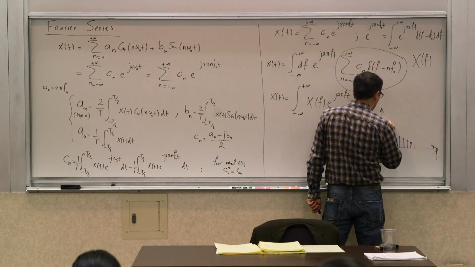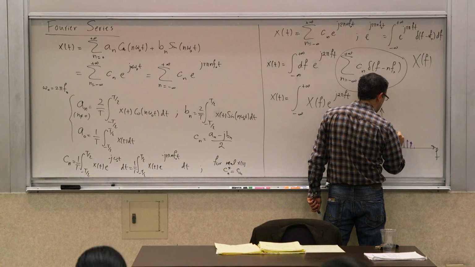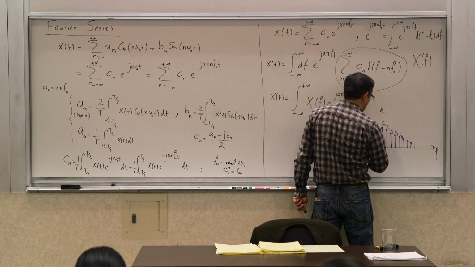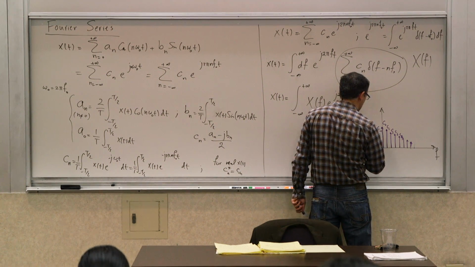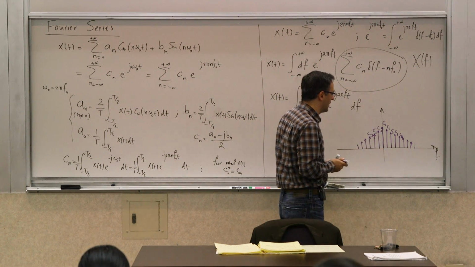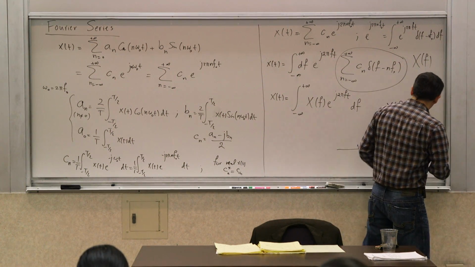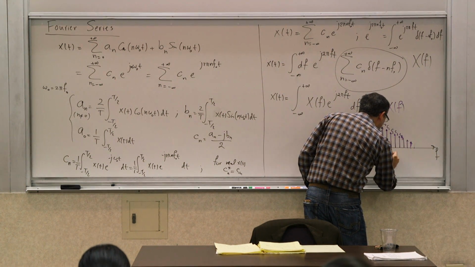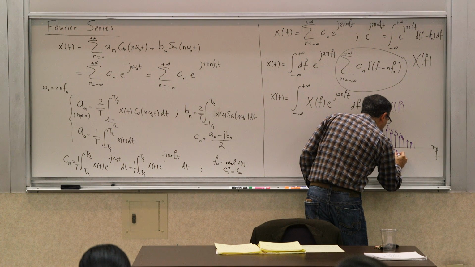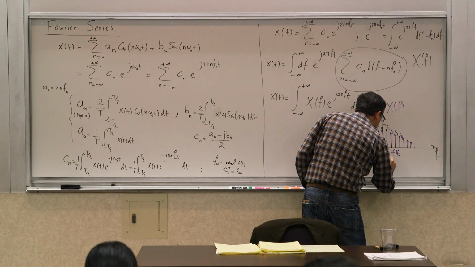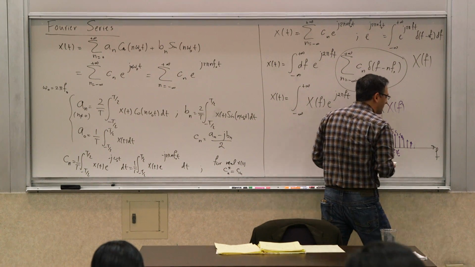So you have a bunch of impulses scaled by C0, C1, C2, C3, C4, and C negative 1, C negative 2, C negative 3, and so on and so forth. So this is what capital X of f looks like. And the spacing of these is happening at f0, 2f0, 3f0, and so on, and negative f0, so this spacing is f0.